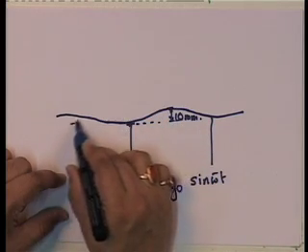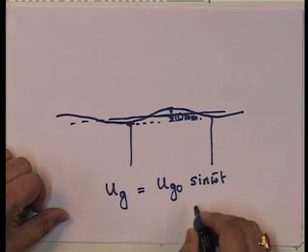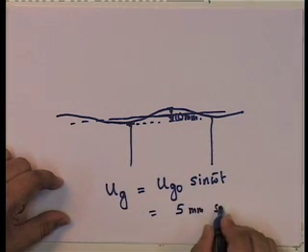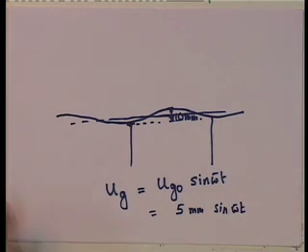So, therefore, note that the UG0 is half of that. So, that is equal to 5 millimeter sin omega bar t. That is my problem. Okay?